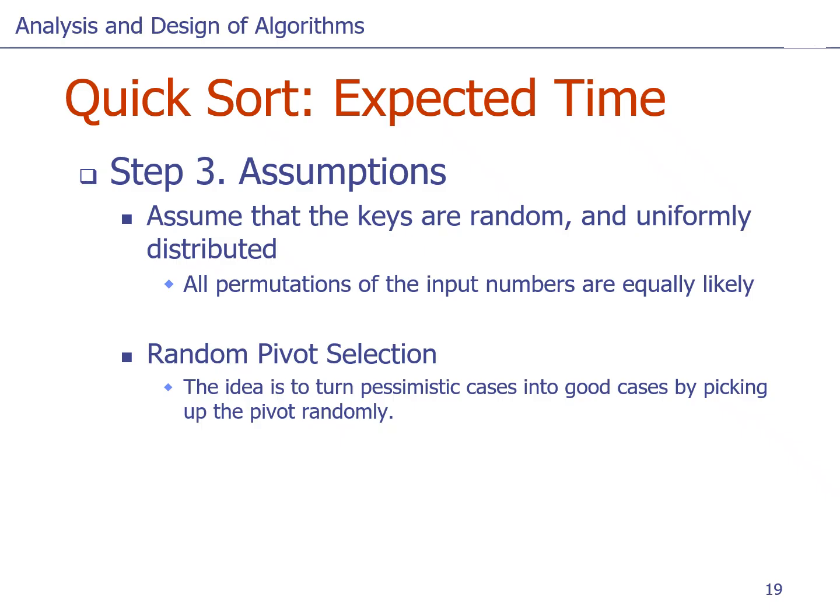I don't have clustering of values, they are uniformly distributed. So if the smallest number is 1 and the largest number is 20, and I have 5 values in the array, I will assume that they are uniformly distributed in the space between 1 and 20. And again, I don't have bias, so all permutations are equally likely.